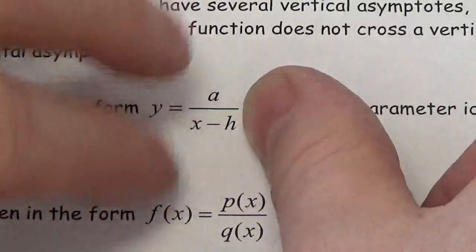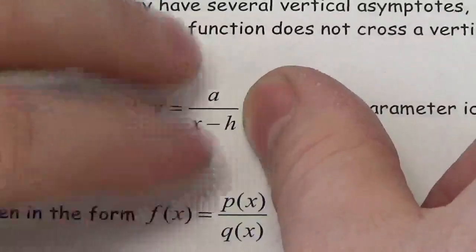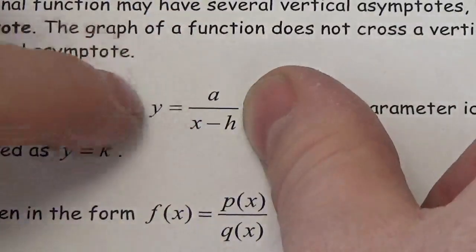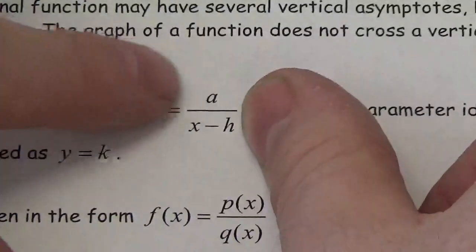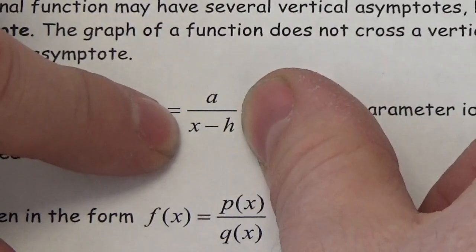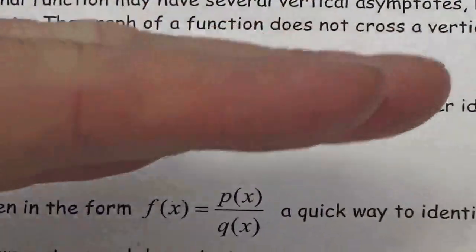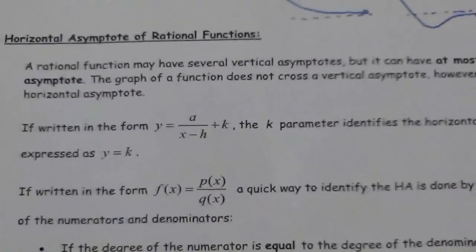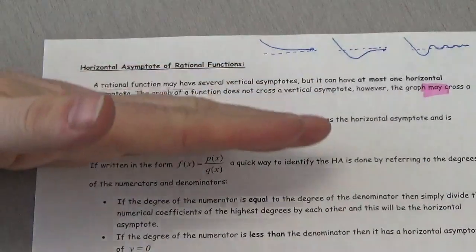But I already know that for the base function, the horizontal asymptote should be at y equals 0. So a vertical stretch won't change that, and a horizontal translation won't change that. But a vertical translation will, because it will take that horizontal line, the horizontal asymptote, and move it up or down.